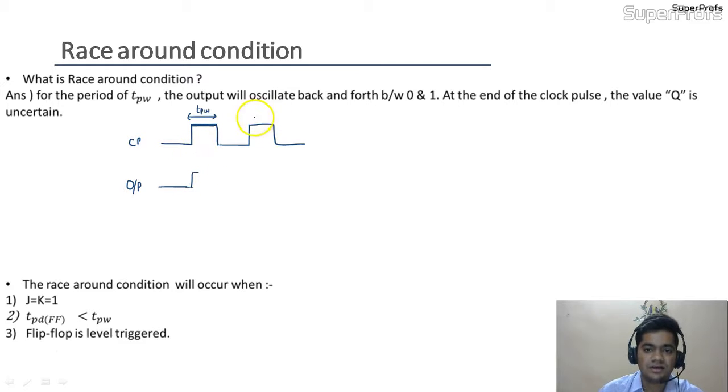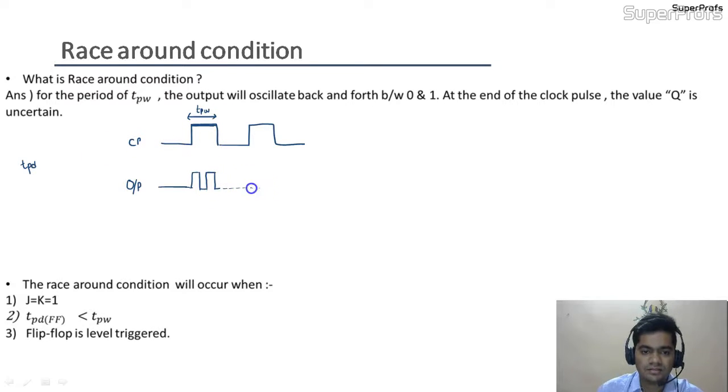And suppose if the propagation delay of a flip-flop is represented as TPD, so it would change after TPD time. As the level is still present at logic 1, it would again change to logic 0, and it would again change to logic 1, and it would again change to logic 0 up till the clock pulse is at logic 1.